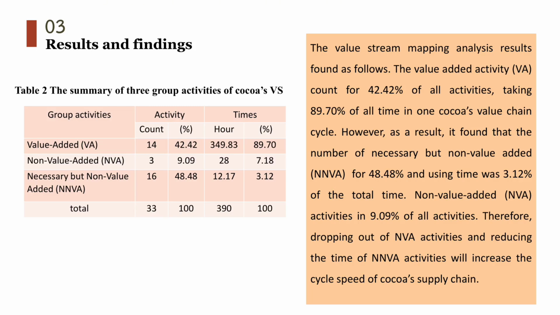However, necessary but non-value-add activities account for 48% of activities, and the time used was 3% of the total time. Non-value-add activities are 9% of all activities. Therefore, dropping out NVA activities and reducing the time of NNVA activities will increase the cycle speed of the cocoa supply chain.